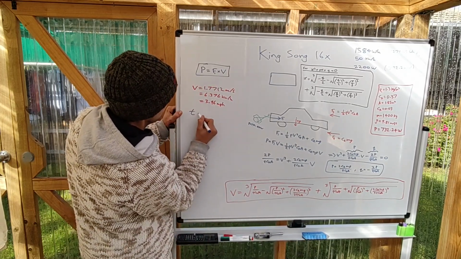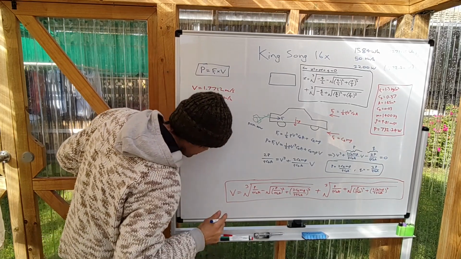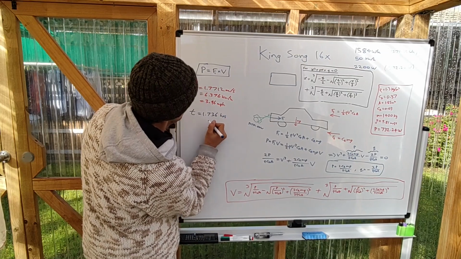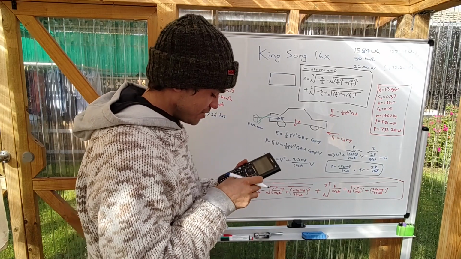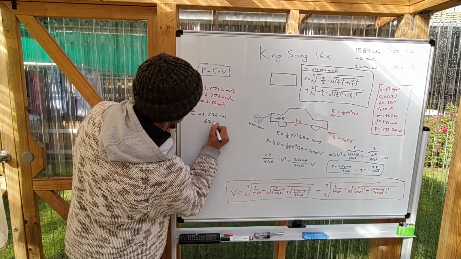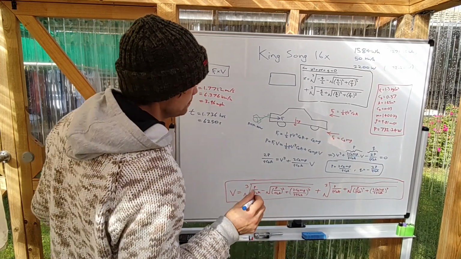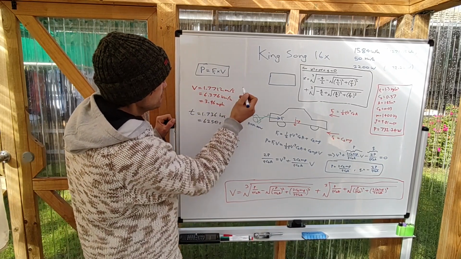So time, we'll call it T, equals 1.736 hours. But we need it in seconds, so you just times that by 3,600. 6250 seconds. So it's that many seconds. We're moving at that many meters per second, right?